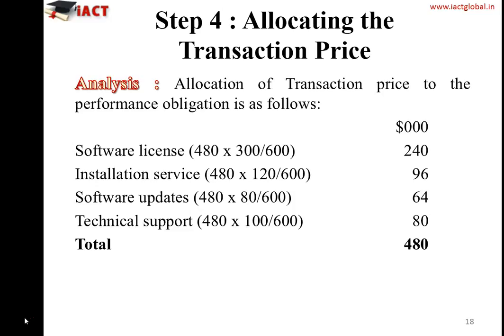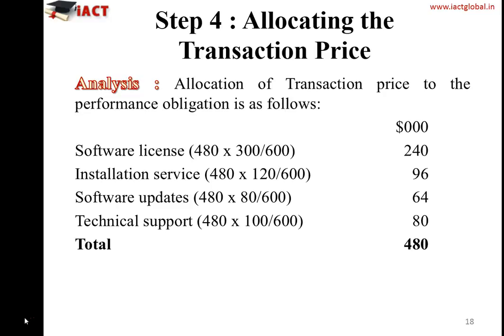The slide on your screen shows the allocation of the transaction price to the performance obligations. For the software license, you take 480, the total transaction price, and allocate on the basis of the standalone price of the software, which is 300, over the total price of the 4 different performance obligations, which was 600.